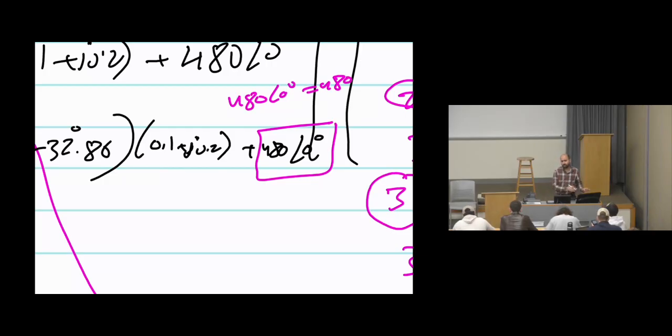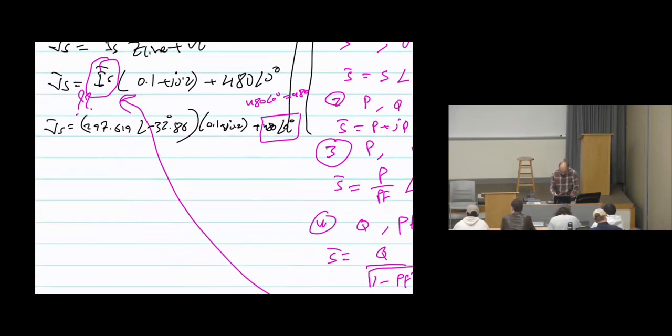Some calculators, not every calculator, will give you an error if you put angle 0. So anyway, when you enter anything with angle 0, you don't need to enter the angle. Just enter the number as is. Any number with angle 0, enter the number as is. Don't worry about inserting the angle with 0. Okay?